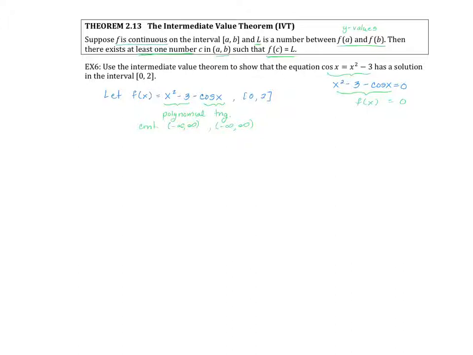It's got no breaks, no asymptotes. So what we're doing is we're subtracting two continuous functions. And by a previous theorem, f is also going to be continuous. So f is going to be continuous from negative infinity to positive infinity.